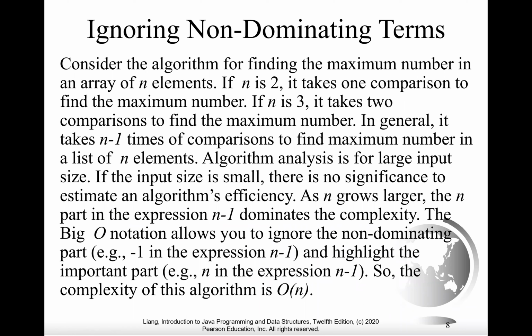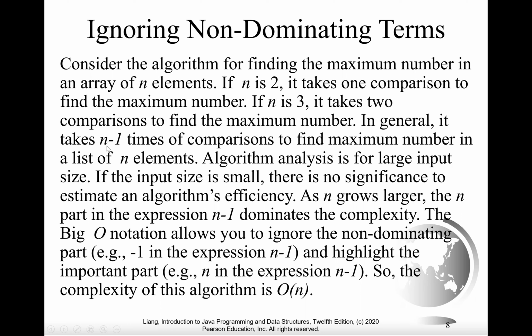We can also ignore non-dominating terms. Consider the algorithm for finding the maximum number in an array of n elements. If n is 2, it takes one comparison to find the maximum number. If n is 3, it takes 2 comparisons.